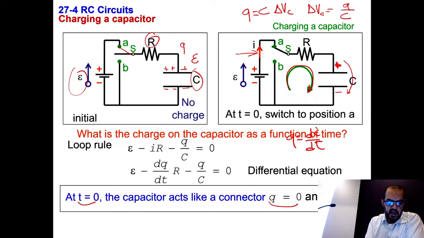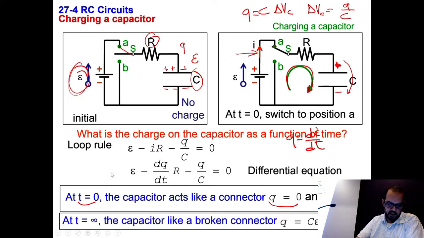And I will mention this later, when you just turn on the switch, the capacitor acts like a connector. So the current is going to be the EMF divided by the resistance R at time equal to 0. This is an initial or boundary condition for your differential equation.